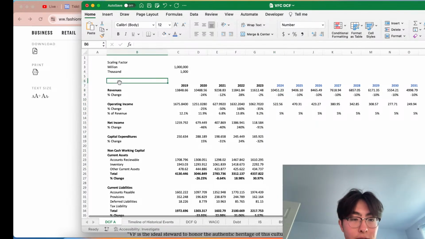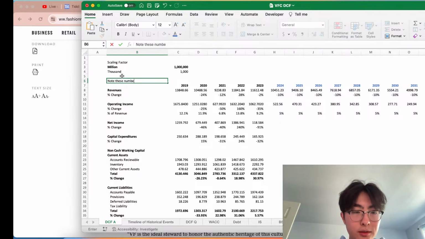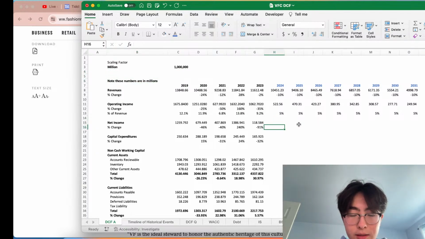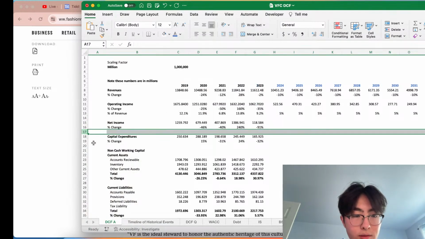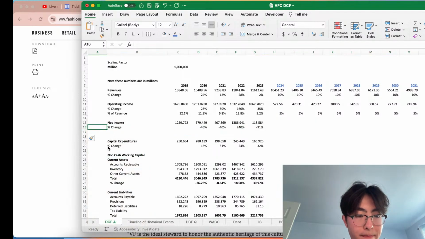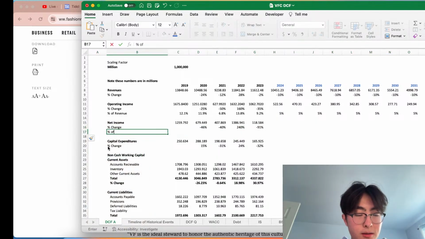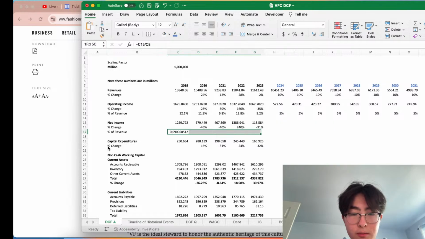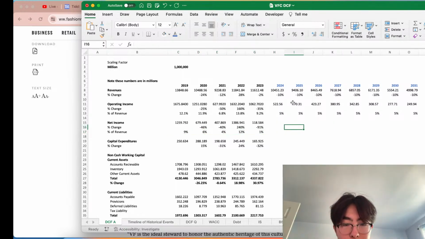So this is all in millions. Net income, let's say as a percentage of revenue. So 5%.